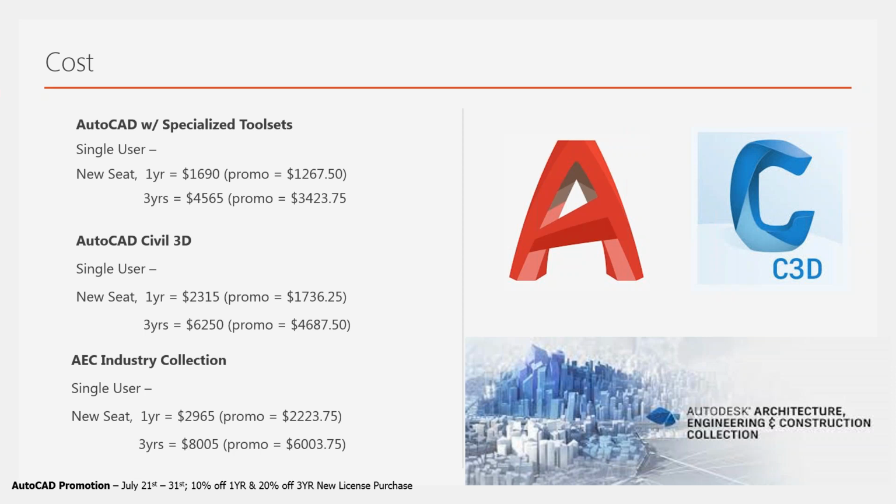The trade-ins, the price, the $1267.50 for the AutoCAD, that is a trade-in price if you had an old perpetual license that you wanted to trade in. Again, that one expires on the 24th, but Autodesk does this trade-in promotion every quarter. So it'll go away at the end of July, and it will come back again in August.